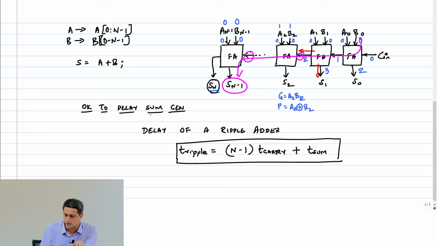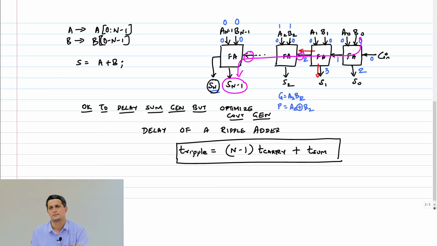Right? It is okay to delay sum generation, but optimize Cout generation. That's the key conclusion that we come to after this quick analysis. Right?